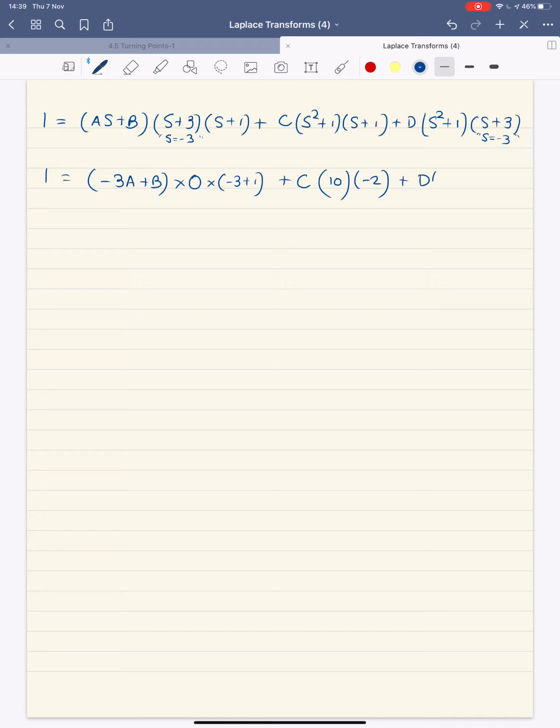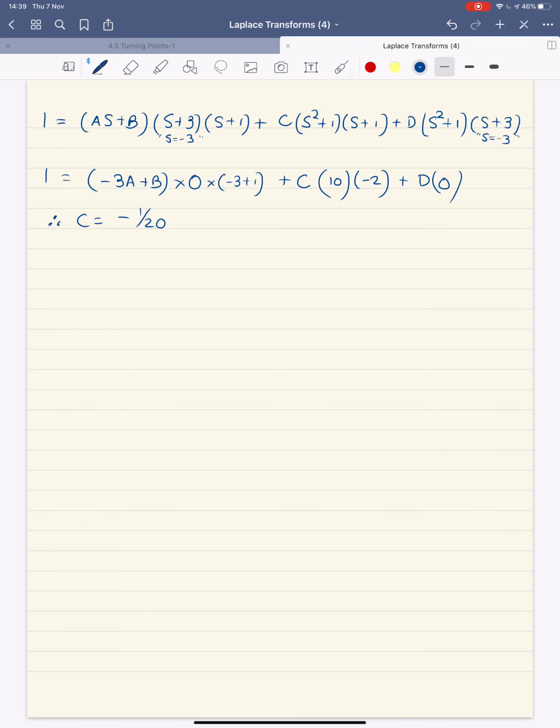And this last one is D times nothing, because of that factor there. Okay, so that's given us C. So therefore C is minus 1/20.